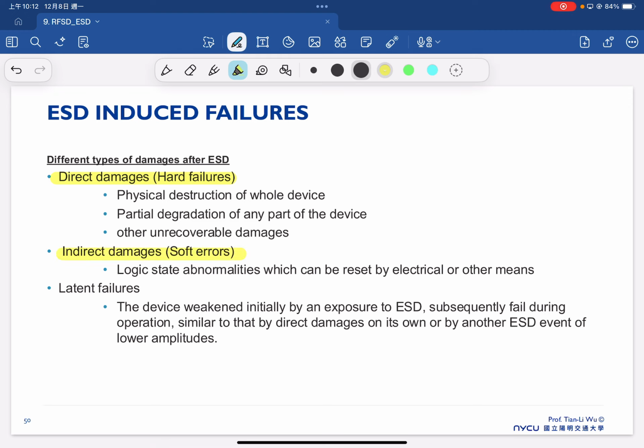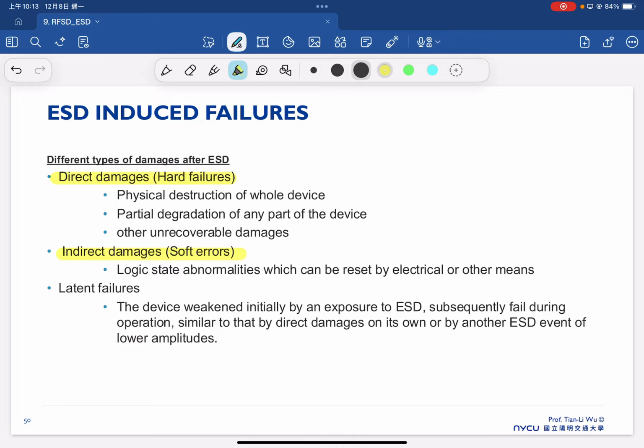That's a soft error. With a soft error, we might not see very obvious damage in the device structure or the device image, but it has already caused some functional abnormality.